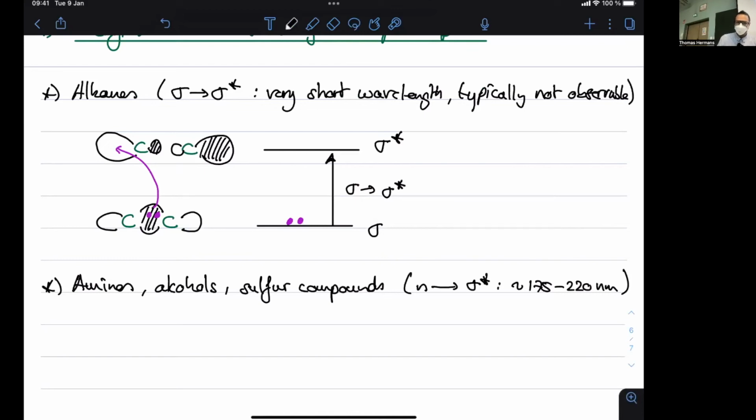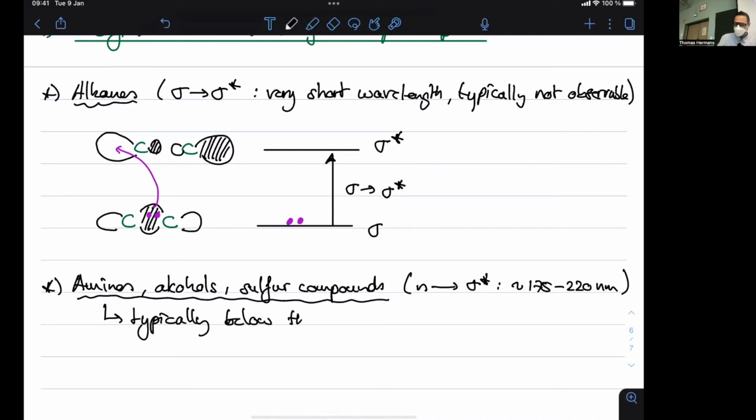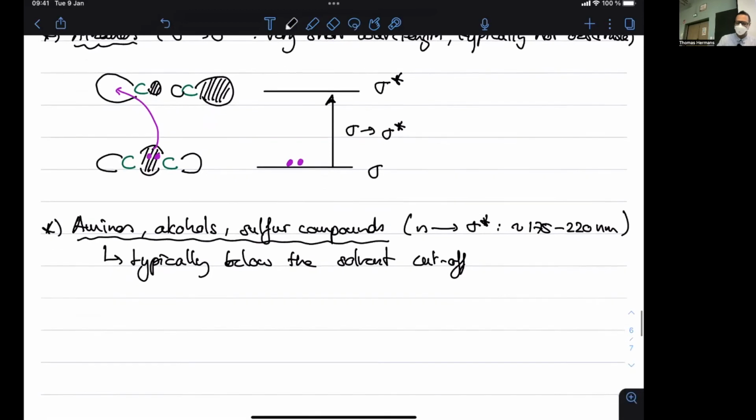But again, this is typically below the solvent cutoff. So it means you practically cannot observe them because the solvent will absorb in the same region, usually.